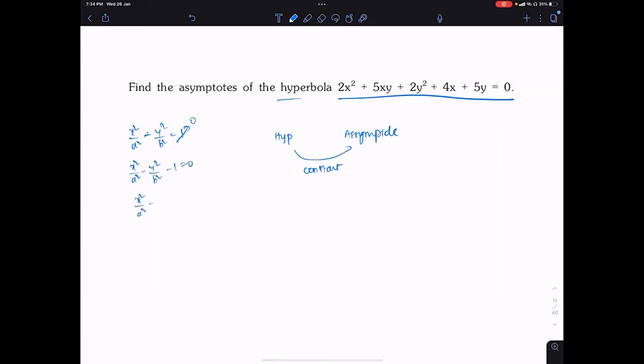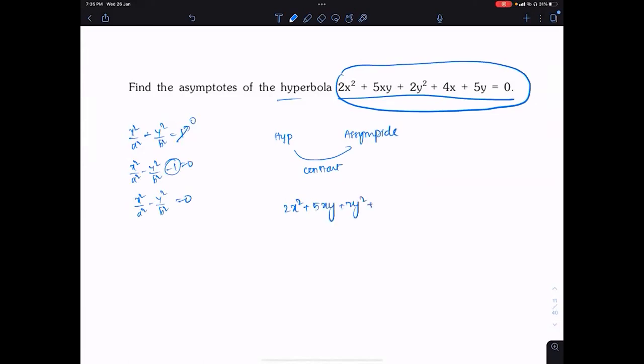X square by a square minus y square by b square equal to 0. What is the difference? Just the constant, no? So if they have given the hyperbola equation, the asymptote equation is going to be almost the same, 5xy plus 2y square plus 4x plus 5y, but the only thing is you have to write plus c equal to 0.